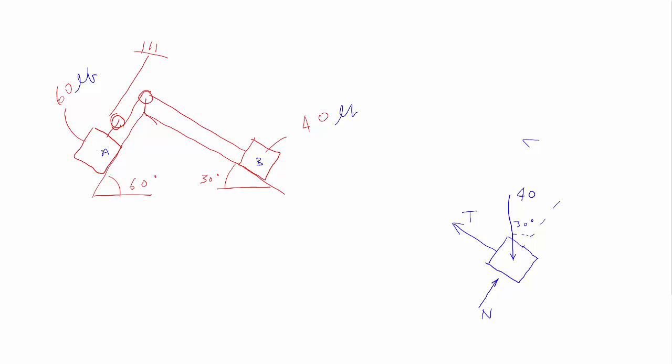What we'll do is draw this other block. Okay, we'll draw it. And on it, I essentially have two tensions here. I have the weight coming down of 60.